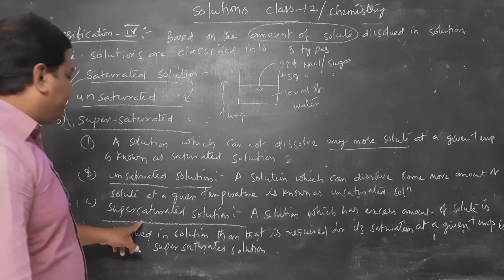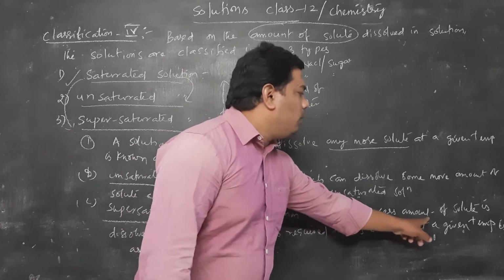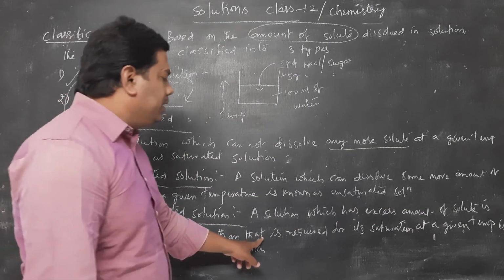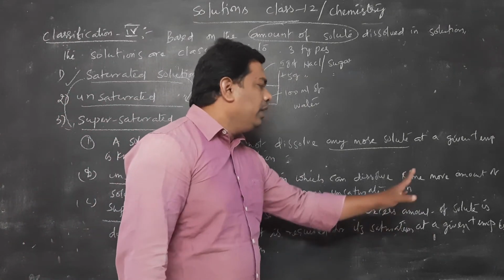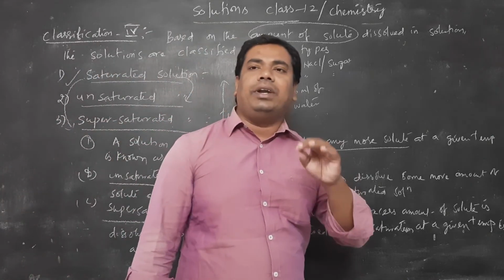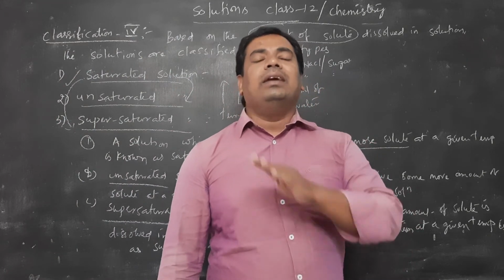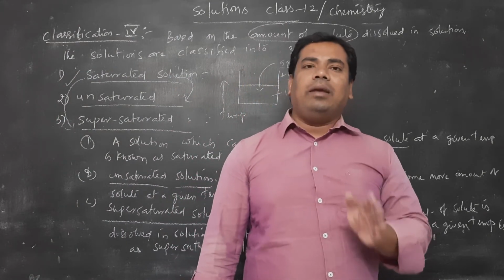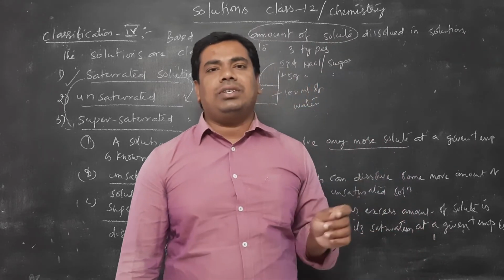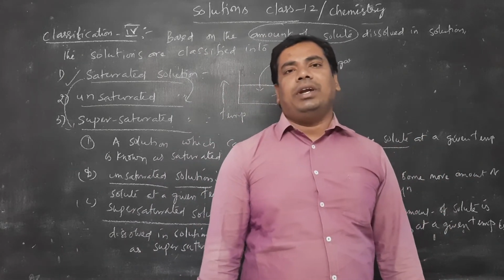What is a supersaturated solution? A solution which has an excess amount of solute dissolved in solution than that required for its saturation at a given temperature. Means when we decrease the temperature of a saturated solution, a few solute particles cannot be dissolved, so they remain in the form of a precipitate or crystals in the solution, then it is called a supersaturated solution.